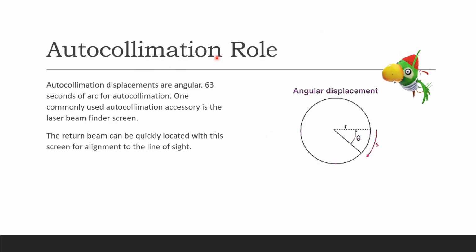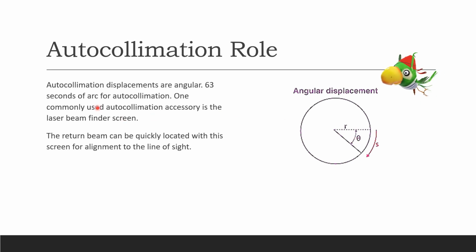Auto collimation row. I put it there because it's so boring. Look at that, so cute. Auto collimation displacements are angular, here in this example 63 seconds of arc, for the auto collimation that we normally use. An arc is just an angle measurement.